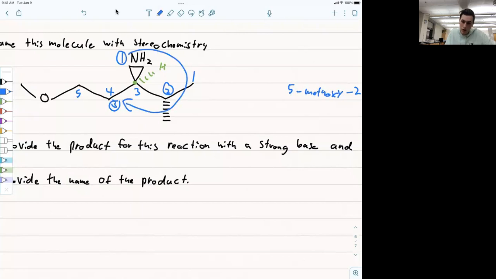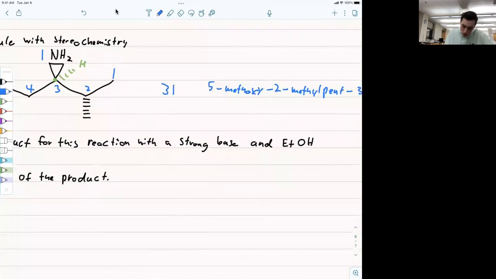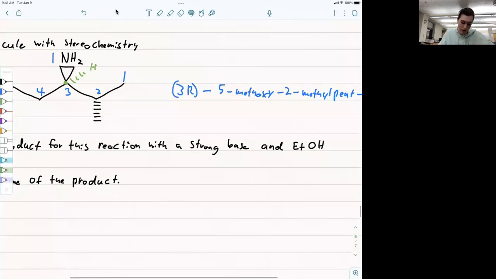And then the hydrogen, the lowest priority group, is in the back, so we're okay to stay as R. So I'm going to add in here 3R and then a dash 5. I don't know if it would be methoxy first or methylpentane first. I think it would be methoxy first. I just don't know the rules of alphabetical.